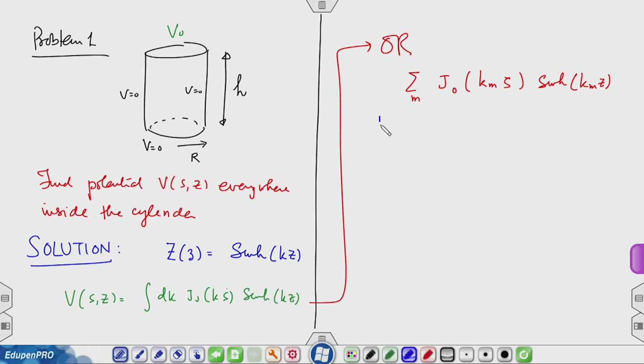The second boundary condition is V s equals R, z, 0.